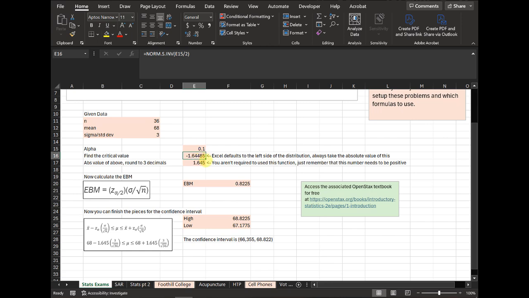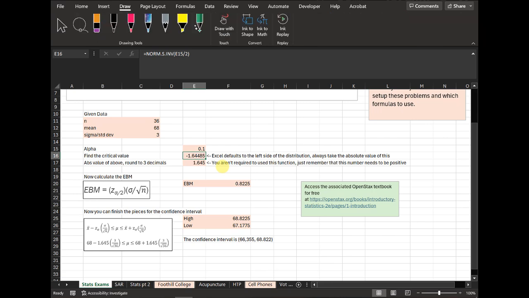Basically what we're trying to do at this point is, let me draw a quick little picture here so we can visualize it. Okay, this is not my best drawing, I'll admit. But I've got my normal curve. The idea here is that I'm taking my alpha, so this is going to be my 0.1 divided by 2, so that's going to be 0.05.